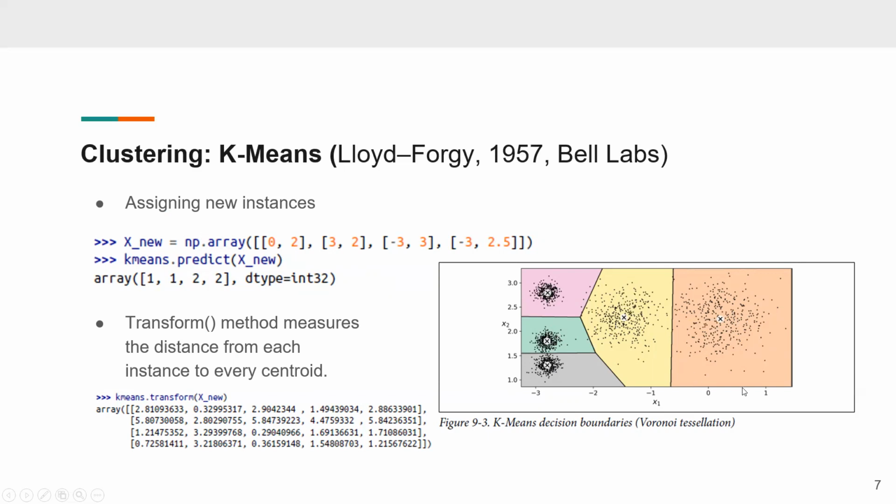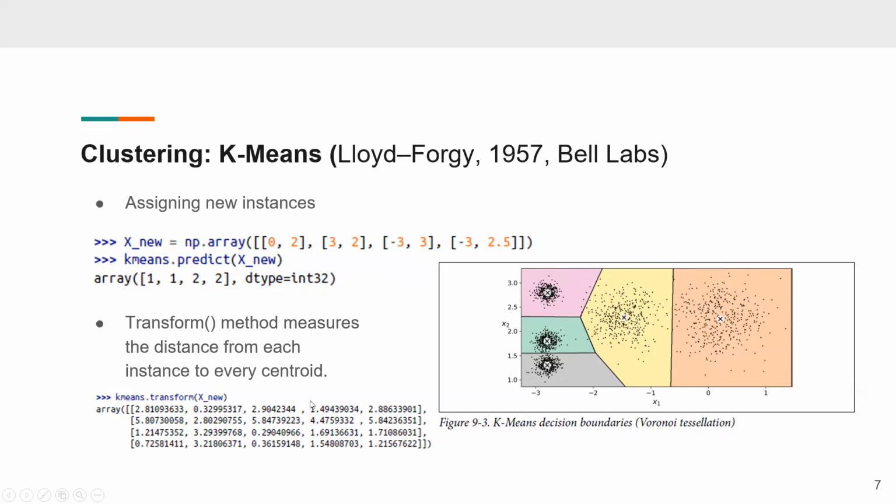How about 3, 2? 3, 2 is all the way there, somewhere here, so with the hope it would still be this cluster. How about negative 3 and positive 3? It should go here, which is index 2. And negative 3, 2.5, somewhere here as well, so we hope that it goes to this cluster as well.